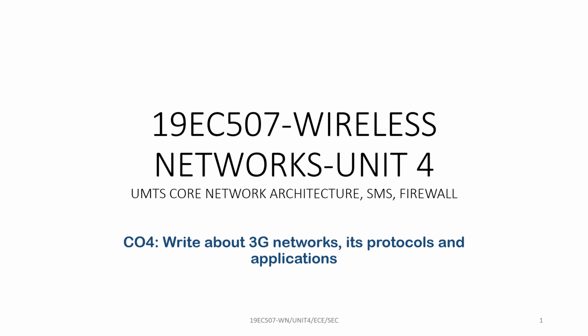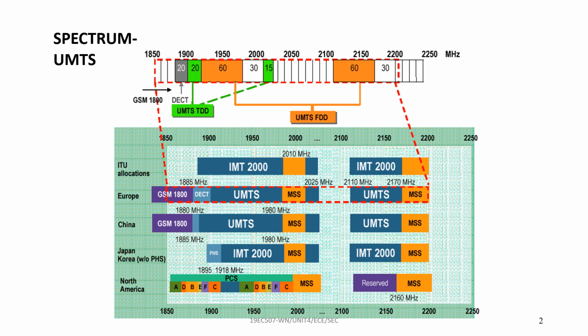What is UMTS? Any idea? UMTS stands for Universal Mobile Telecommunication System. This diagram depicts the spectrum of UMTS. When you observe this diagram, you will be able to see that the spectrum of UMTS lies in the range of 1885 megahertz and spreads till 2170 megahertz of the GSM band.